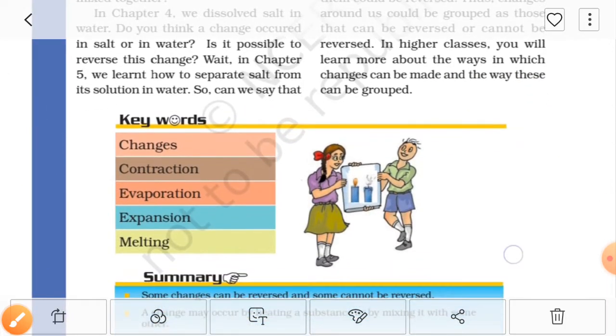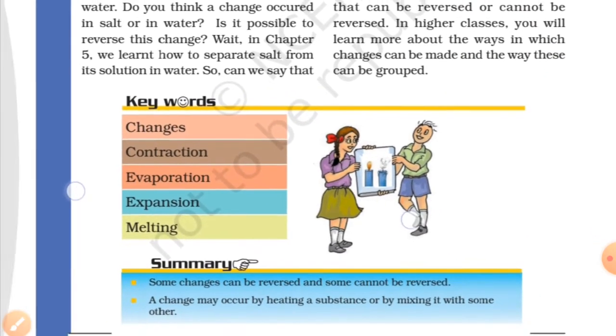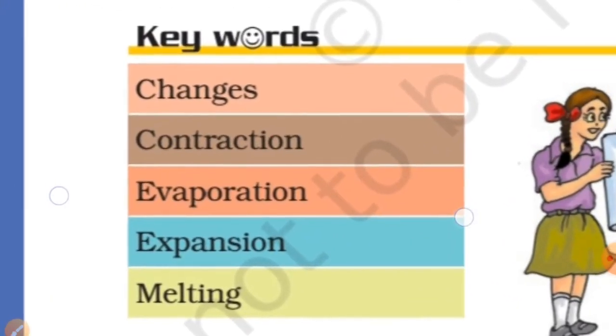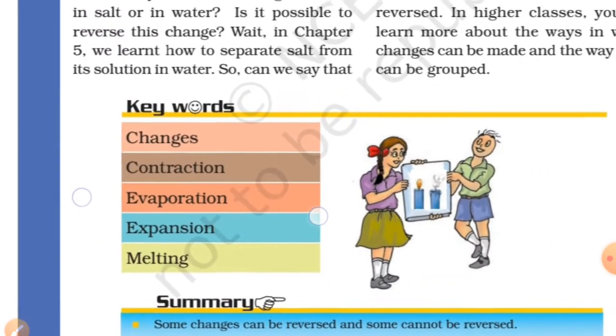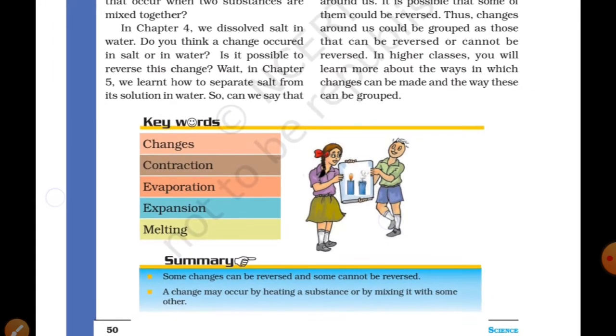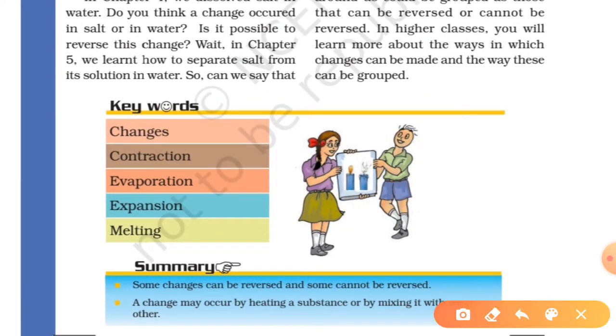Now we will see the keywords. There are many changes around us. Contraction means cooling of an iron rim, iron blade. Evaporation means steaming or heating. Expansion means making the iron rim, iron blade, or anything slightly larger.